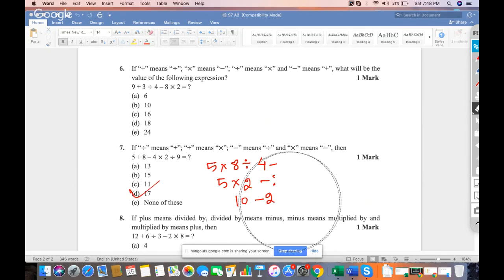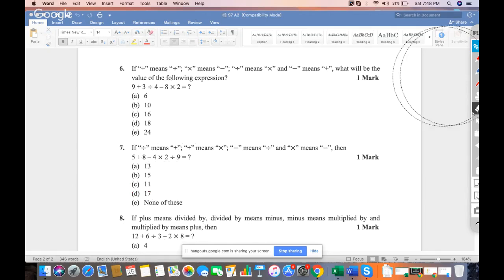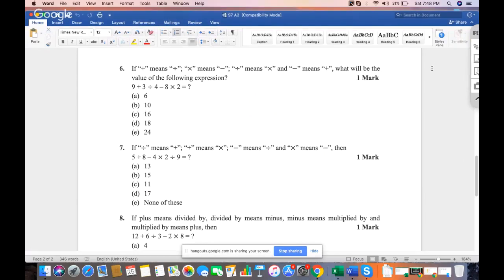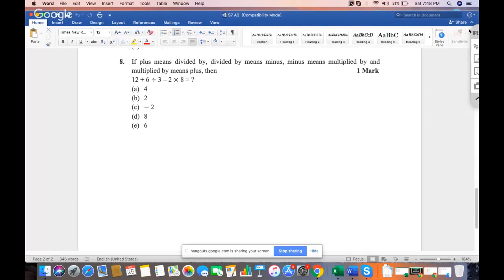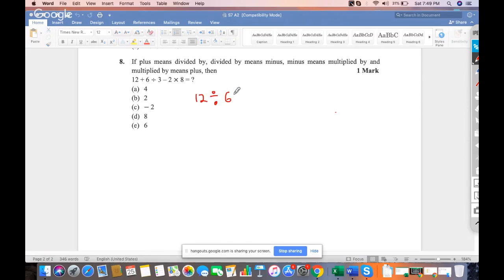And question number, one second, 8. Question number 8 is, if plus means divided by, so 12 divided by 6. Divided by means minus, so 6 minus 3.